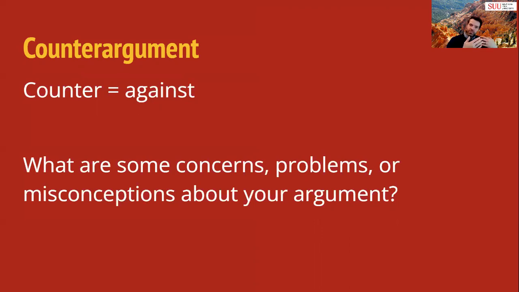So even though there's lots of reasons to agree with your thesis statement, are there any reasons why people might not want to agree with your thesis statement or might have problems with that idea? That's what your job is to do in a paper, is to not just ignore those things, but to address them in your paper and help your reader understand how the counterargument maybe is not as important as your argument.